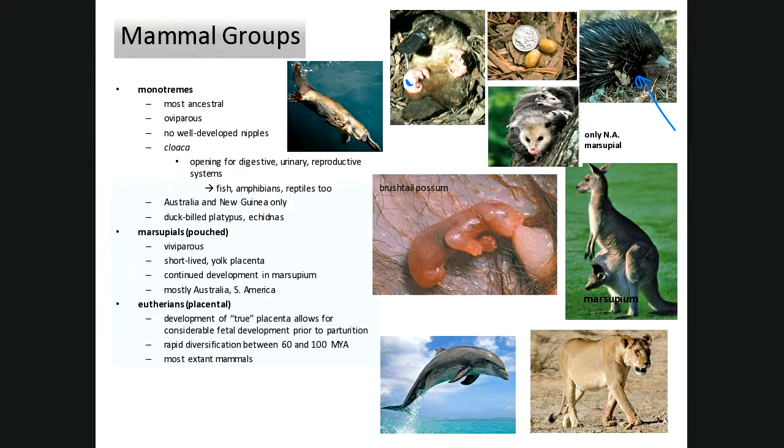Marsupial mammals differ from placental mammals in the sense that the young, the developing embryo, is only developed so far. It's kind of half-baked. Marsupial mammals have a very short-lived yolk placenta, and then the rest of the development occurs in the marsupium.